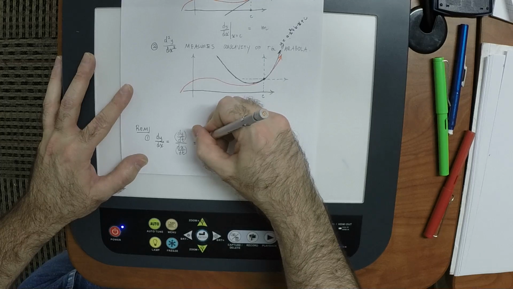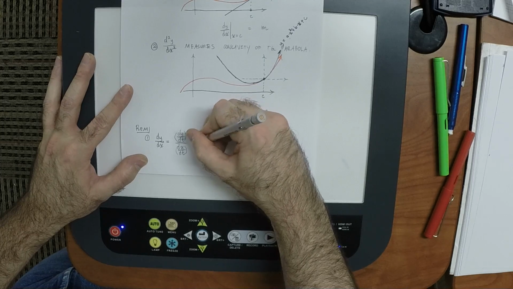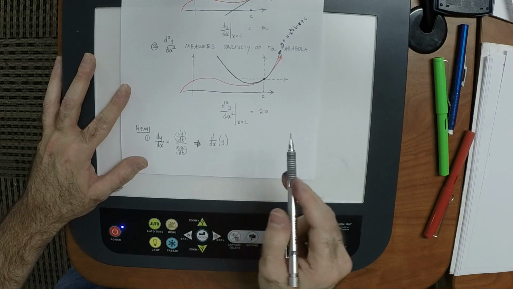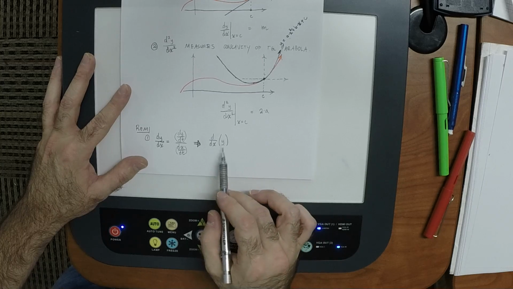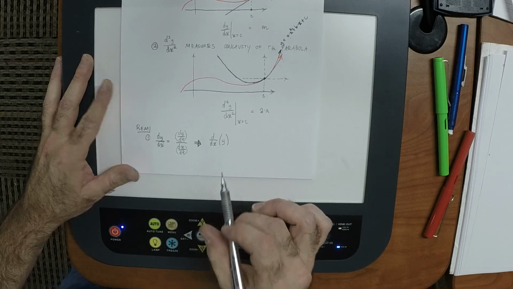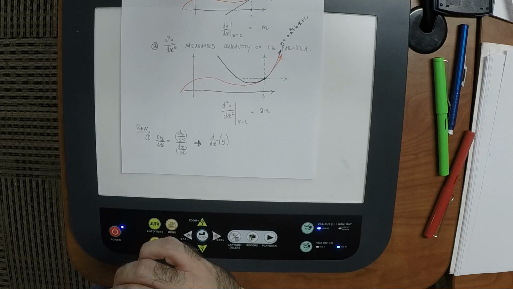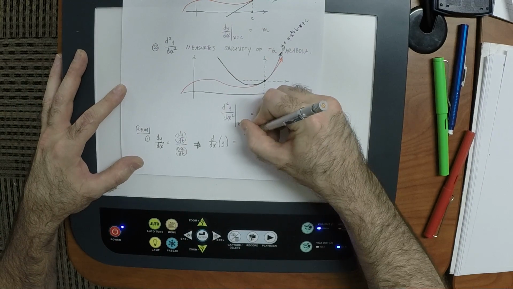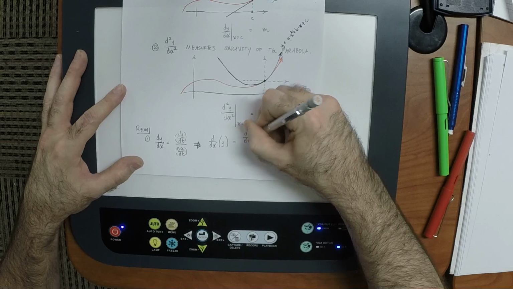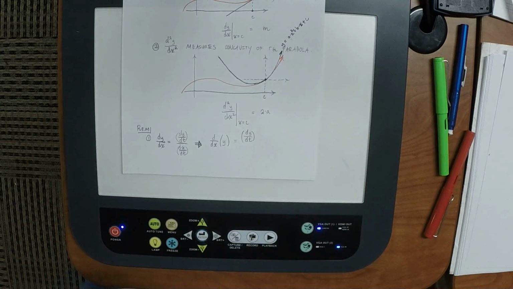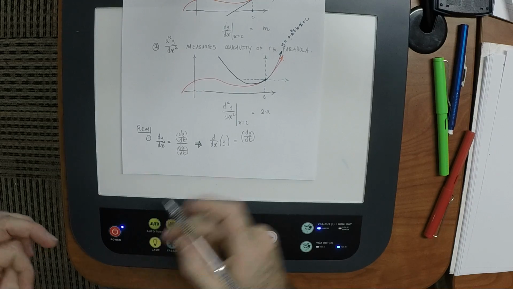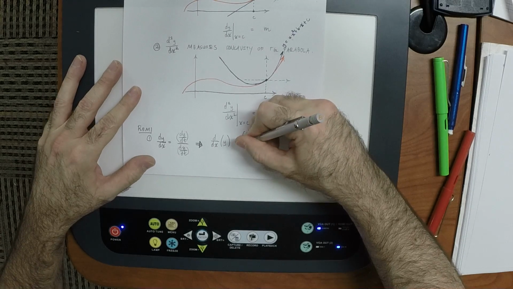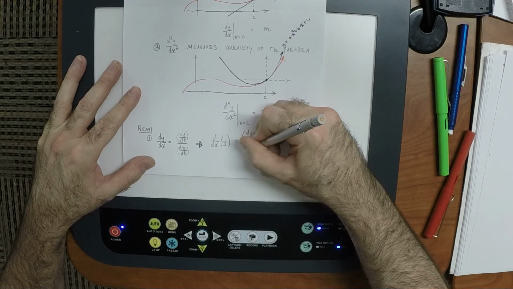This is saying that if you wanted to compute the x derivative of y, then what you should do first is compute the t derivative of y. So do that first. And then once you've computed the t derivative of y, now do what? Yeah, now you're going to have to fix it up by dividing by the t derivative of x.